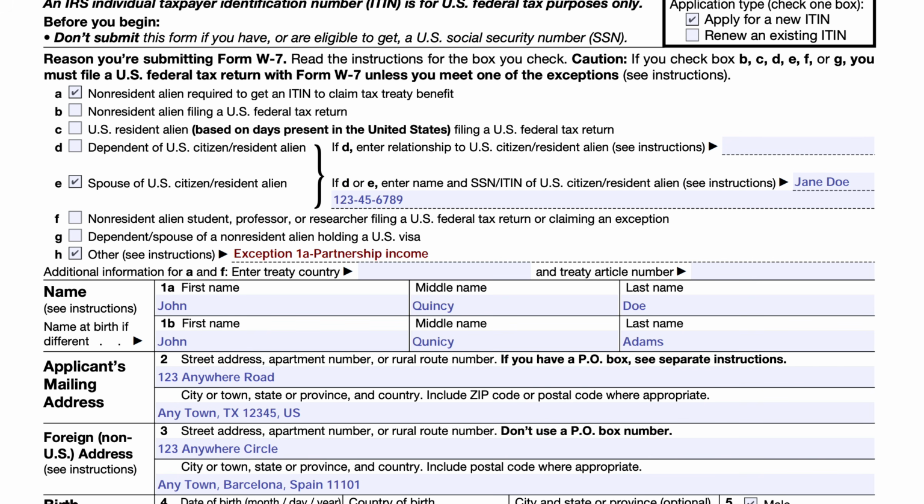In this case, you're listing an exception stating that you have partnership income that receives a different tax treatment because of a tax treaty. There's also exception 2, which is other income.